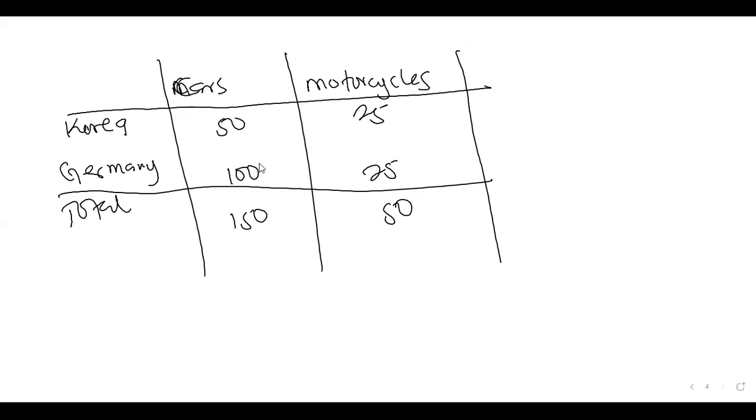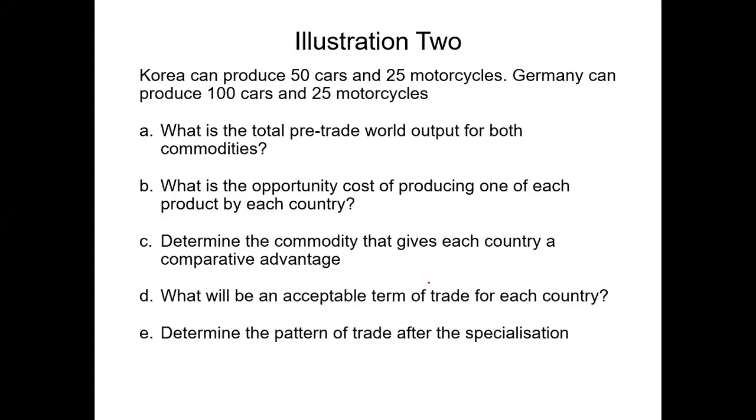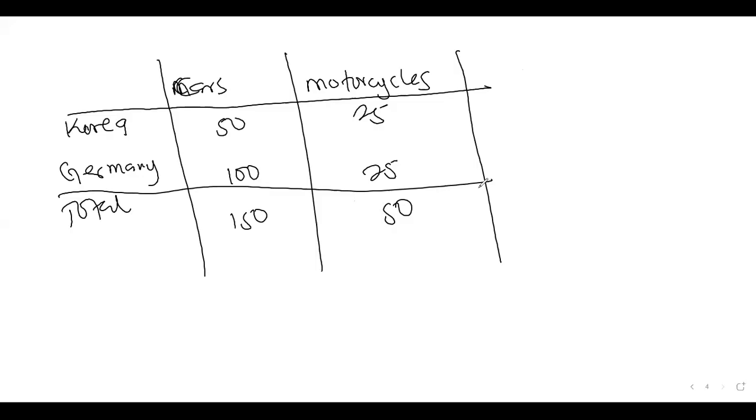Now the question asks, what is the opportunity cost of producing one of each product by each country? Okay, so here, because you have an idea from the first example, I'm just going to rush over it and then we'll move on. So remember, cars to motorcycles for Korea is 50 to 25, which, if you simplify by dividing both sides by 25, is 2 to 1.